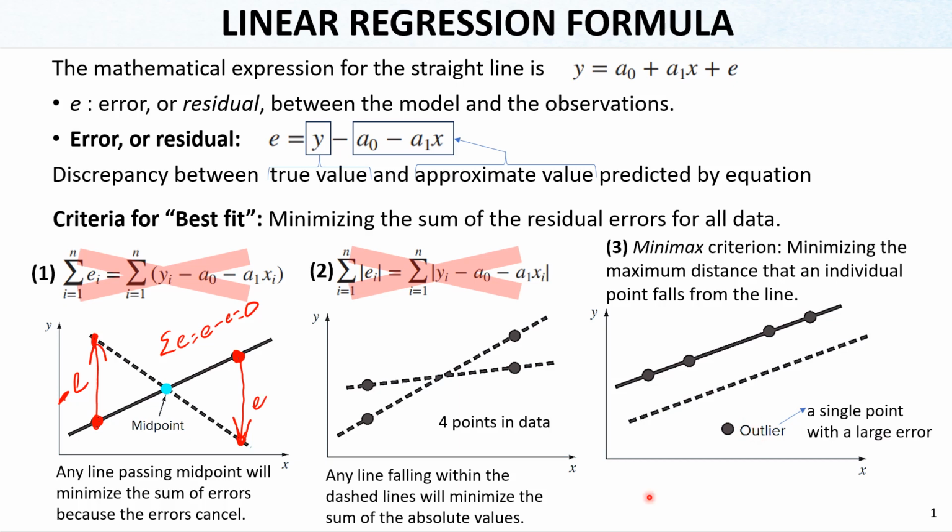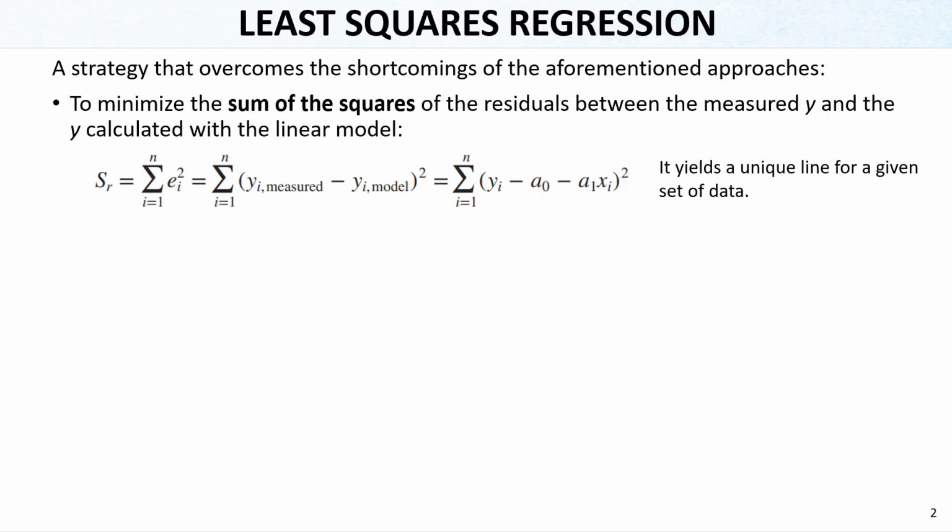We will have another criterion. And this is ill-suited because it gives unwanted influence to an outlier. And a strategy that overcomes the shortcomings of the aforementioned approaches, the approaches in the previous slide, which we said are not suitable. So one suitable model is that we actually sum the squares of the residuals. So we have the residuals again like this, but we have the square of it, then sum it.